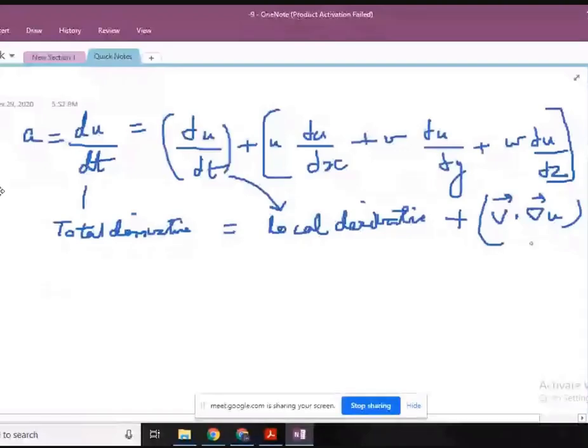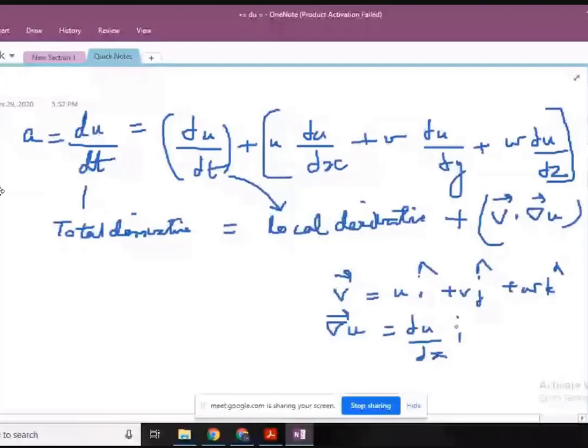Let us try to understand. Velocity is a field function, nothing but ui plus vj plus wk, and the gradient operation performed on a scalar u is nothing but dou u by dou x i plus dou u by dou y j plus dou u by dou z k.